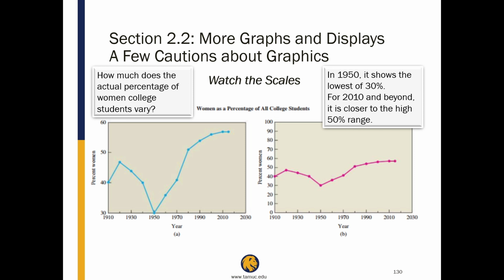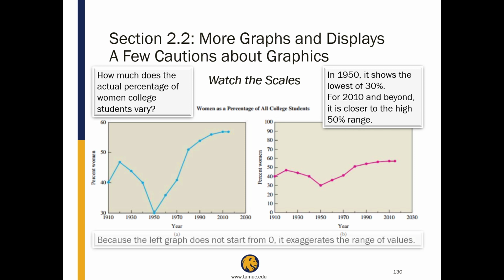It doesn't ever get all the way up close to 60 from the looks of things. But because the left graph does not start from 0, this difference is exaggerated visually a lot more than it would be otherwise. So look for graphs that might have the scale starting from something other than 0. Those might give you an exaggerated visual sense of how much the data changes.